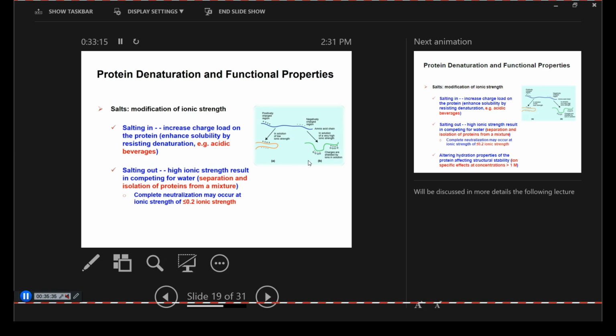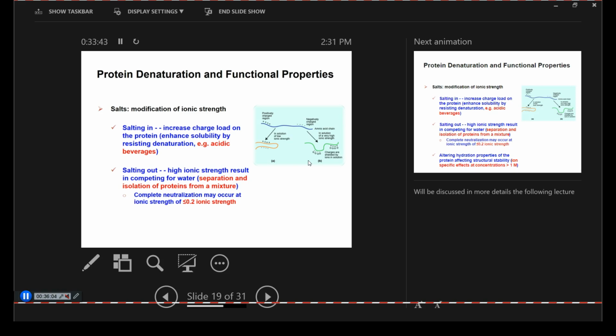The amino acid groups are no longer interacting with each other via electrostatic interactions. The salt is taking over and resulting in breaking of electrostatic interactions. So causing these proteins to open up and aggregate with each other rather than interact with water, in addition to the salt competing for water.